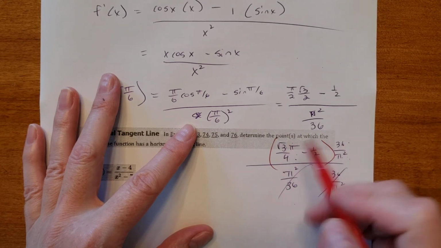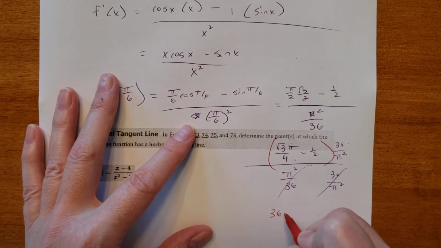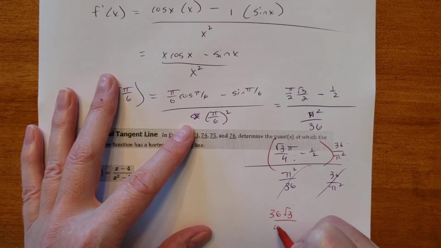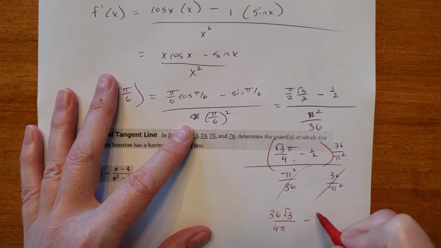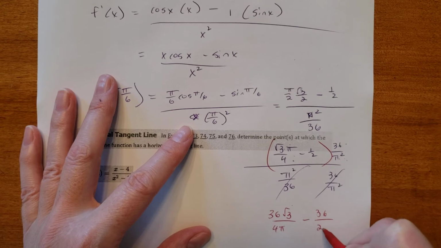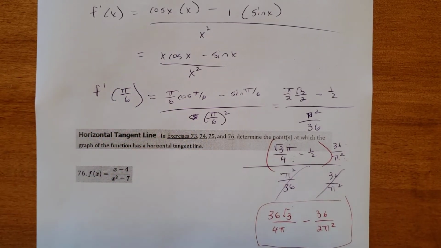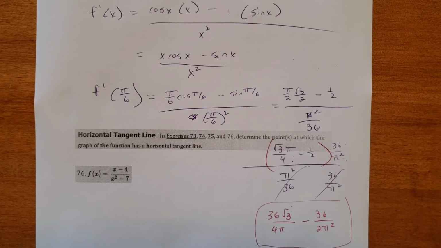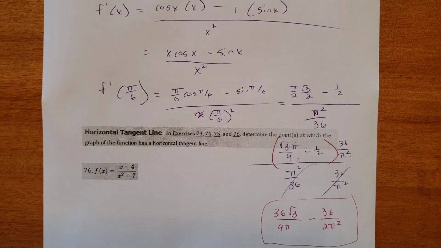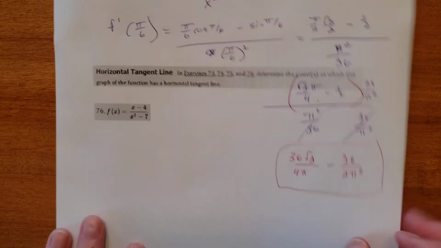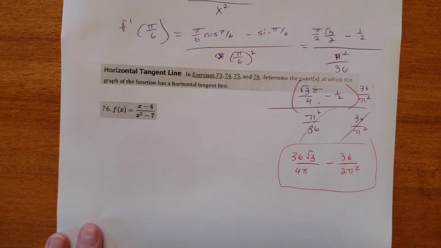So we got 36 radical 3 over 12 pi, and then minus 18 over pi squared. So that's the exact answer. And of course you could find the rounded answer by plugging those numbers into your calculator. They didn't really say what they wanted the answer as, so I don't know. We could just leave it like that, I guess.